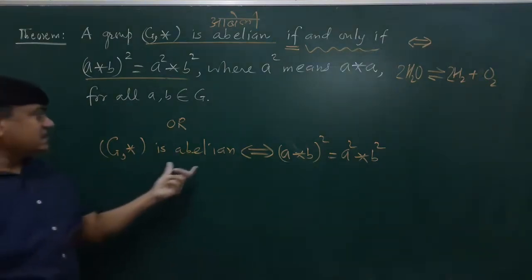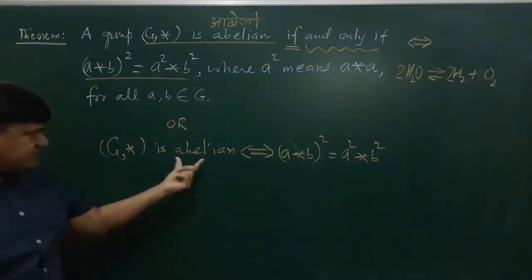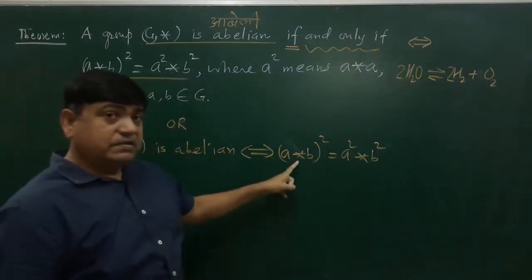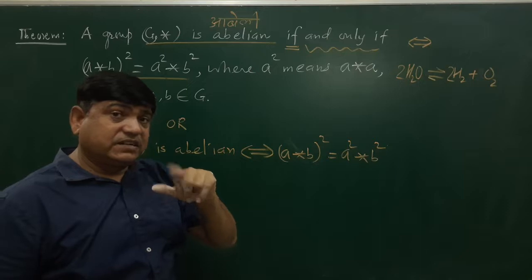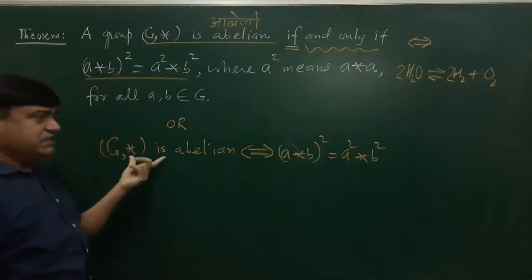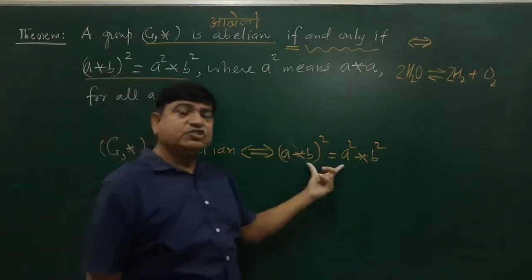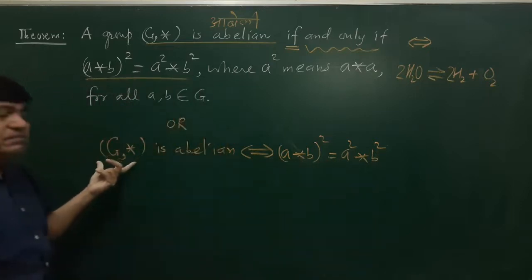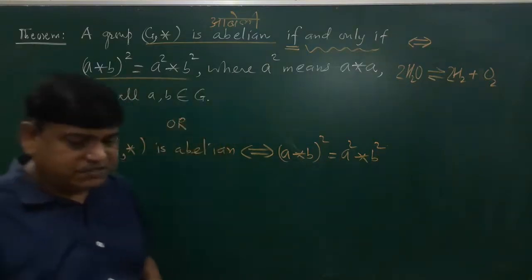Sometimes we will be asked like this: prove that this. So there will be two parts. In the first part, this is given and this is to be proved. In the second part, this is given and this is to be proved. Okay, so let us continue.